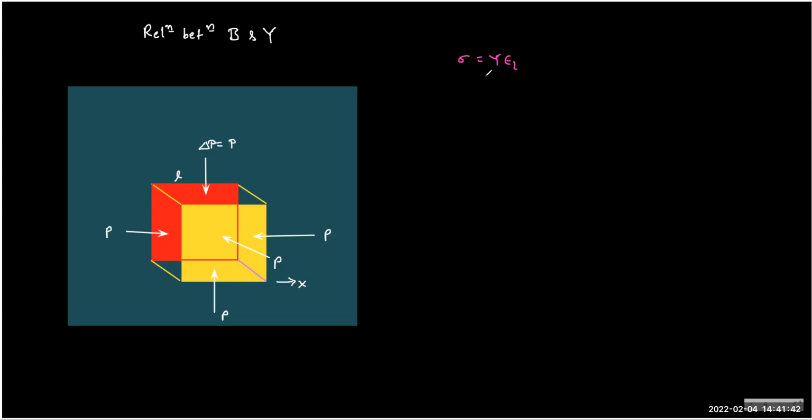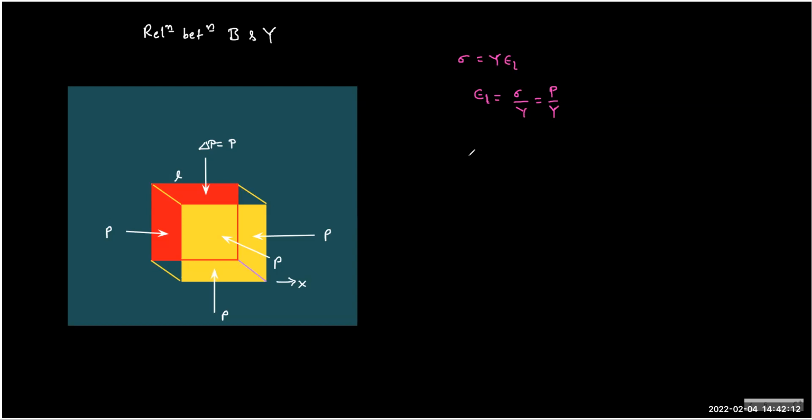And the strain we can also write as sigma by Y, or you can say P by Y. So this is the strain actually. Here the pressure is the normal stress, and the strain is stress over Young's modulus. So this is how we can define the strain.